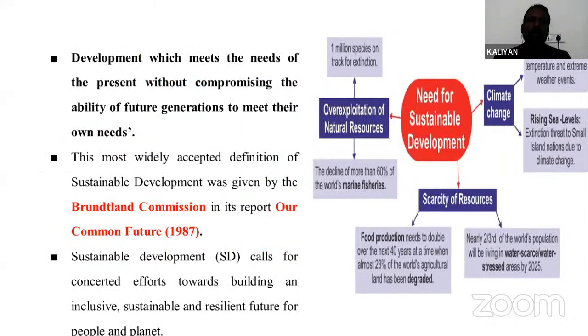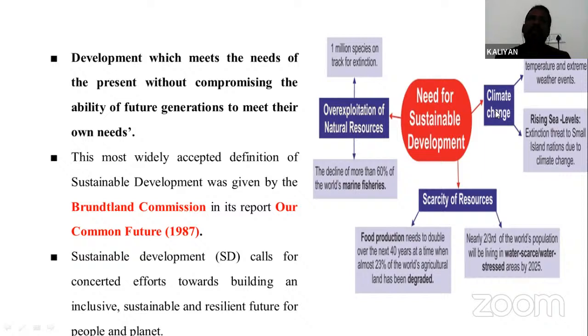And what is the need for sustainable development? It is development that meets the needs of the present without compromising the ability of future generations to meet their own. So we need to work for the needs of future generations. For that we need sustainable development. The problem areas are climate change, scarcity of resources, and over-exploitation of natural resources.